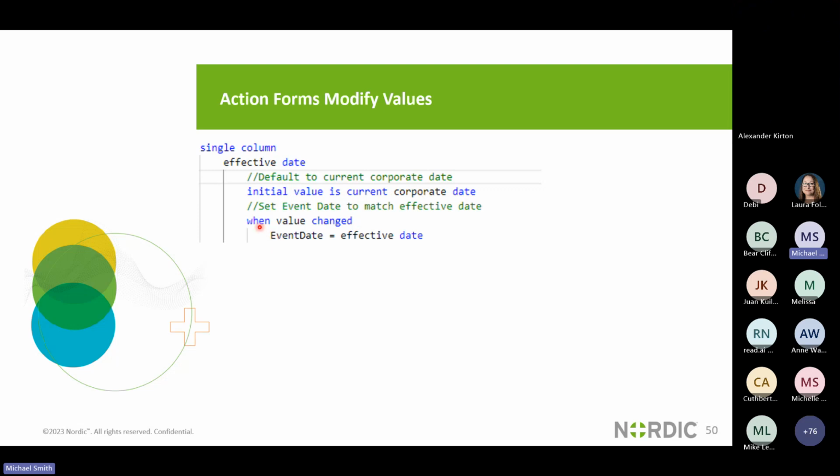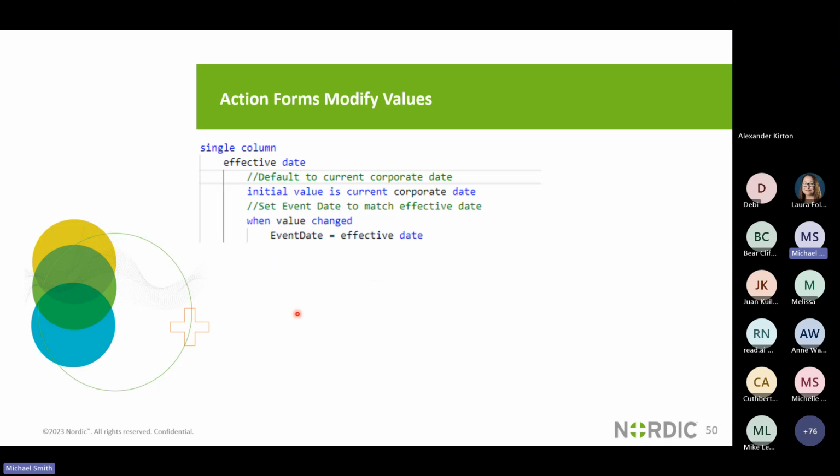And then the question around, if I change effective date, I wanted to update another value. Again, the question wasn't specifically around effective date and event date. I just picked these, but it works the same for any field, right? So when this date's changed, I will then update event date to be the same as effective date.